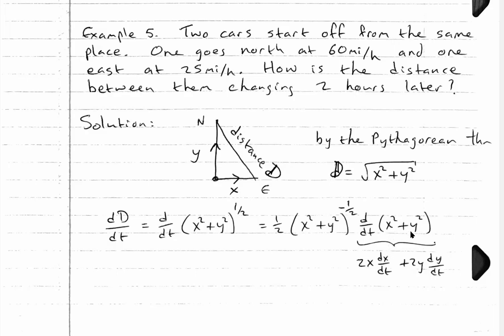We just did this one. So that's, again, another application of the chain rule. So it's 2x times dx/dt plus 2y times dy/dt, just like in the last example. So this is similar, but just a bit more complicated.